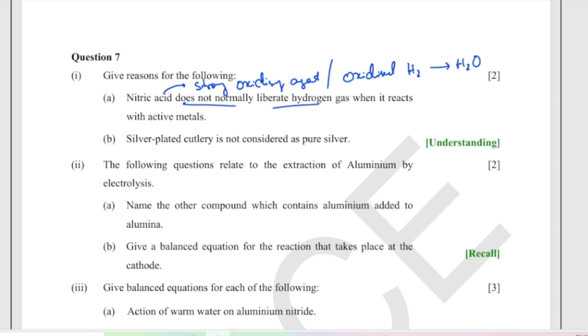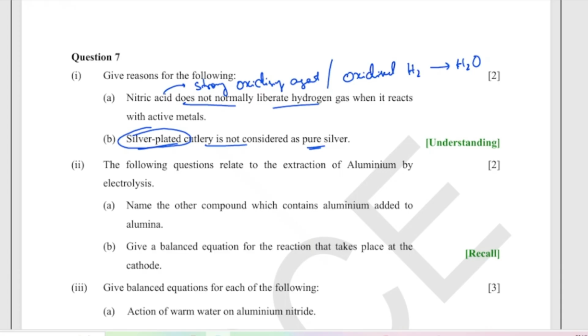So hydrogen gas cannot be obtained in that reaction. Next, silver plated cutlery is not considered as pure silver. Silver plated means silver is coated on the cutlery.